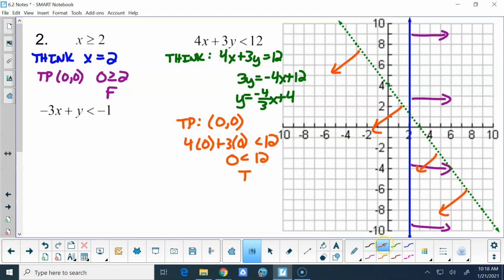And then lastly, this one, thinking negative 3x plus y equals negative 1. So y then is going to equal positive 3x minus 1.